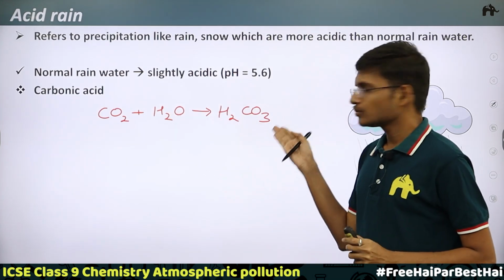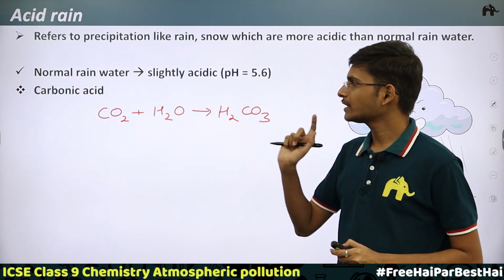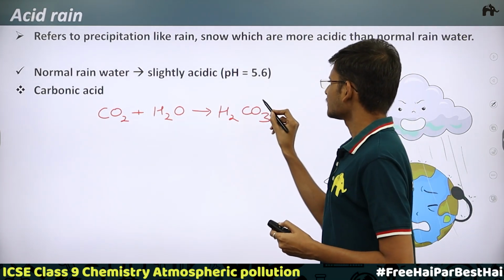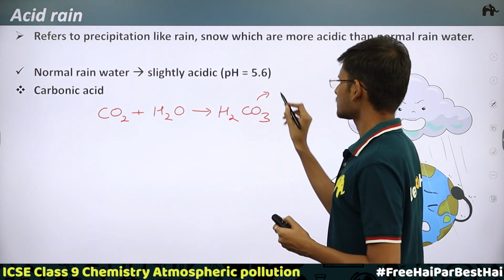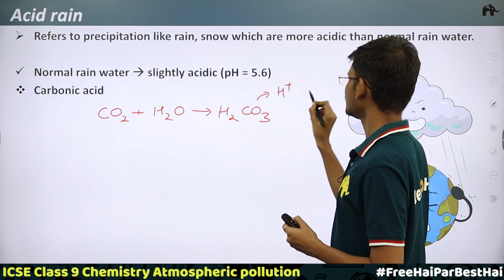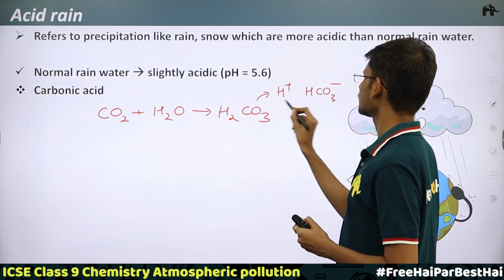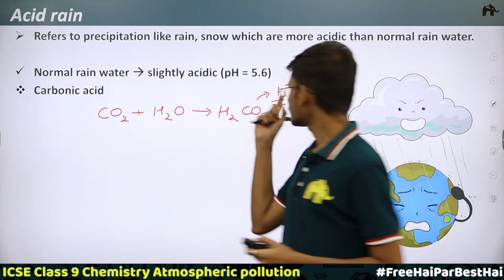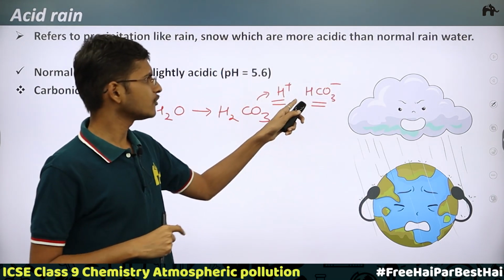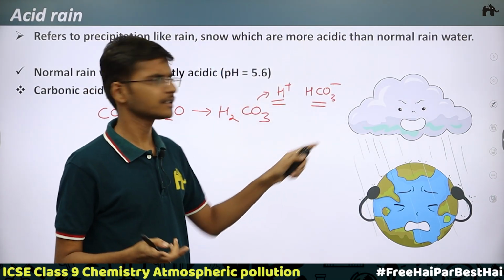Fine. So this carbonic acid, as I have just said, is a weak acid. It dissociates into H plus and HCO3 minus, that is the H plus ion, and we also call this the hydrogen carbonate ion.